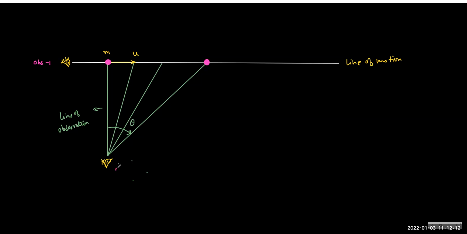But in the frame of observer 2, although the particle is moving on a straight line, the line of observation is turning. In a way, there is a turning effect associated. Therefore, although the particle has momentum, for observer 2 it will have some angular effect, and we can call that effect angular momentum.